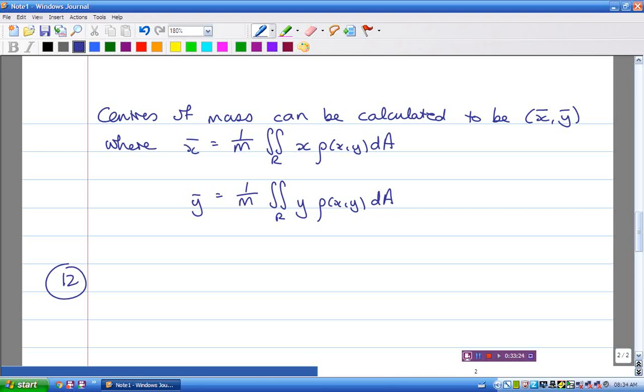One way of thinking about it is if that's a laminar, a stiff sheet of something, and you balance it on your finger at the dot, it'll balance because you put your finger at the center of mass. So that's an x coordinate and a y coordinate. And essentially what you're doing there is a continuous weighted average. Average is probably not the right word to be using there, but it's kind of what you're doing.